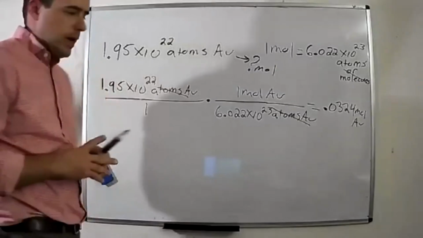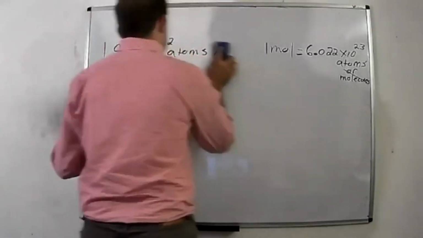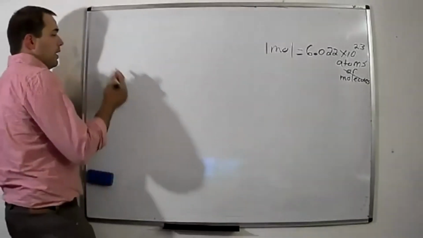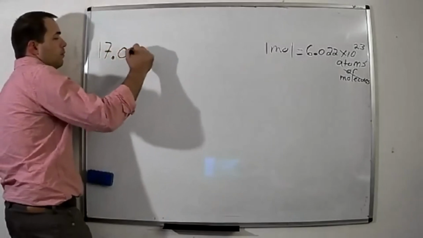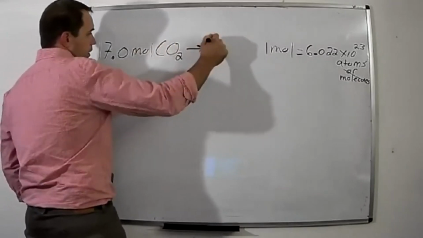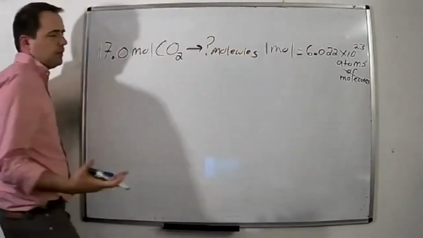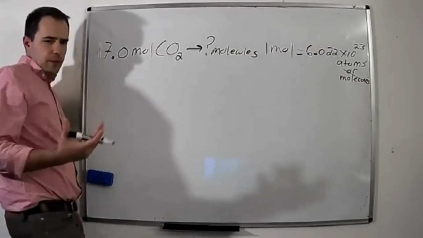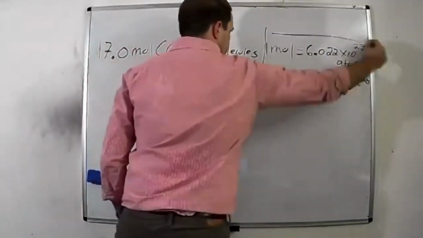Let's go the other direction now. Let's say you had 17.0 moles of carbon dioxide, and I want to know how many molecules that is. So how many molecules are in 17.0 moles of carbon dioxide? We're going to do the same thing again, where this is a conversion, and this is our conversion factor.